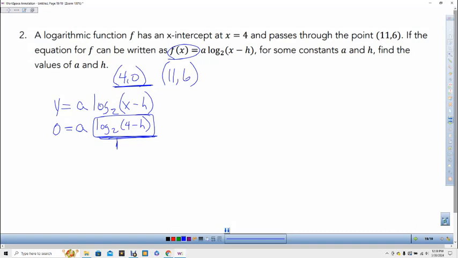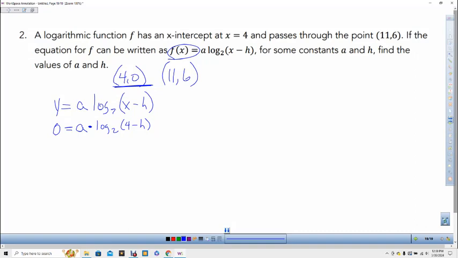That's not right. Erase all this. Okay, we're multiplying this. Let's think about it this way. The only way that a times the log base 2 of 4 minus h is equal to 0 is if a equals 0 or log base 2 of 4 minus h equals 0.